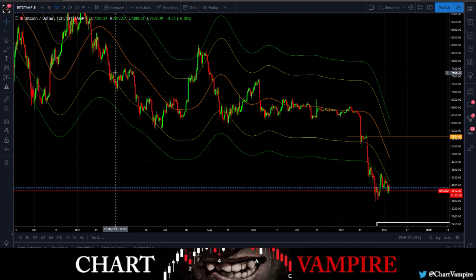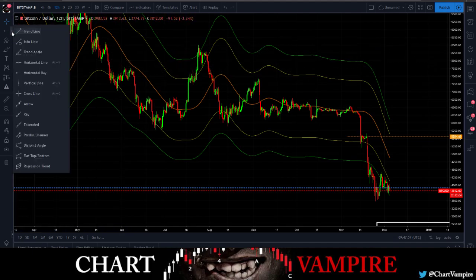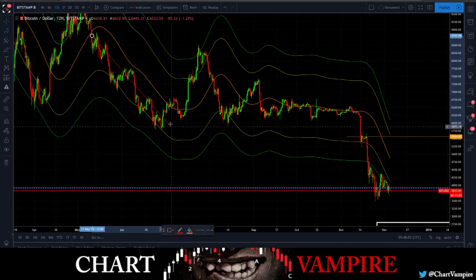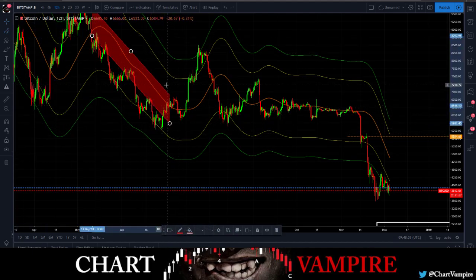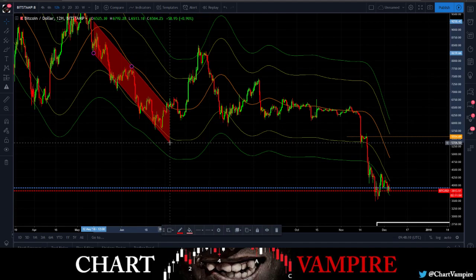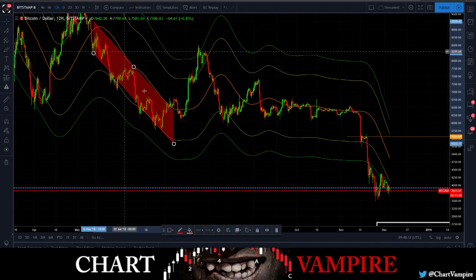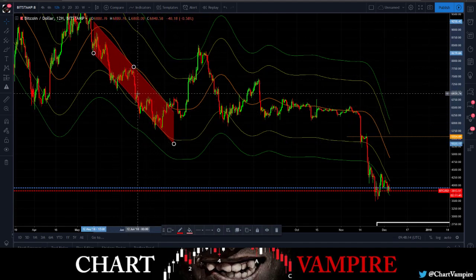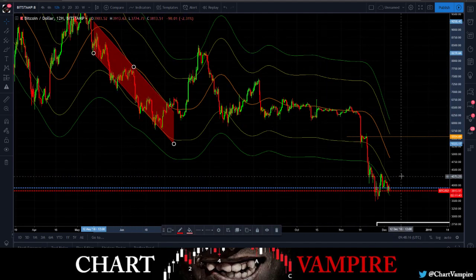So basically it turns the entire movement into a channel, something like this, right? You see how this created this channel here, and your channel now is working in between these, on this kind of parabolic move to the bottom here, right? It turned this whole thing into a channel.